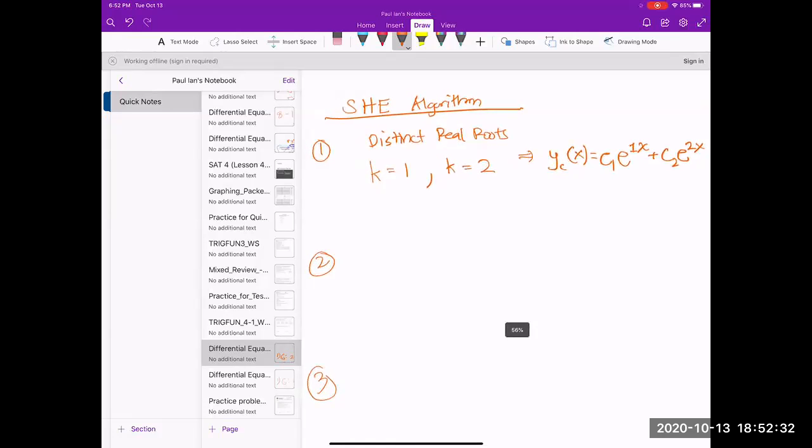That's your solution. And then you also have this other case, which is called repeated real roots, where you can have a k equals 1, and then your multiplicity is 1. This is when you have this type of case.